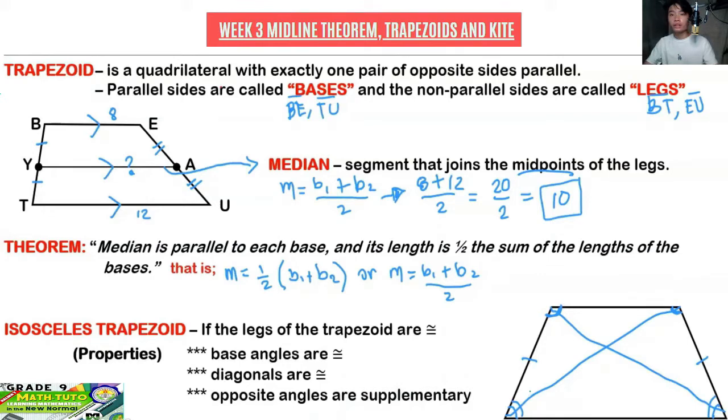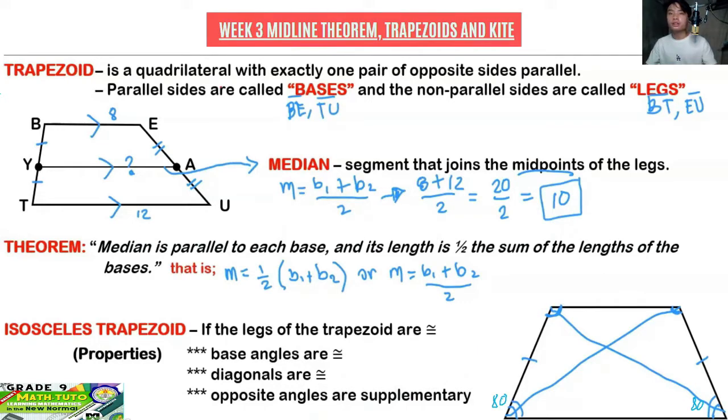Tingnan natin. So, example natin dito. For example, ito ay 80. So, ano kaya ang measure nitong kabila? That is also equal to 80. Why? Because base angles are congruent. How about yung taas? Paano natin malalaman yung taas? Gagamitin natin yung theorem na opposite angles are supplementary. Pag sinabing supplementary, ang equal nila ay 180.